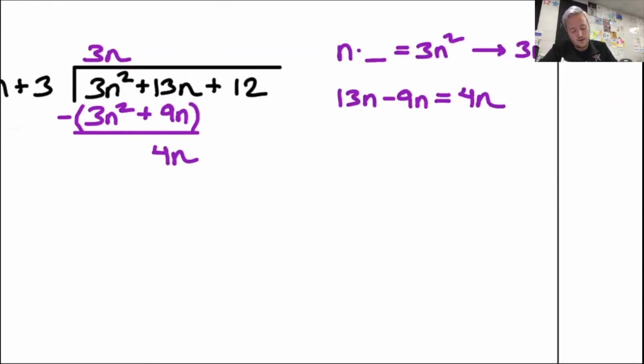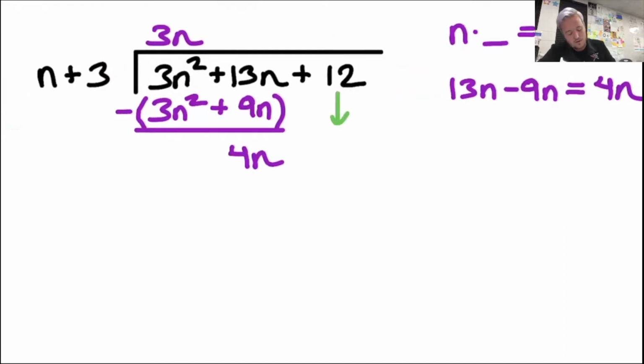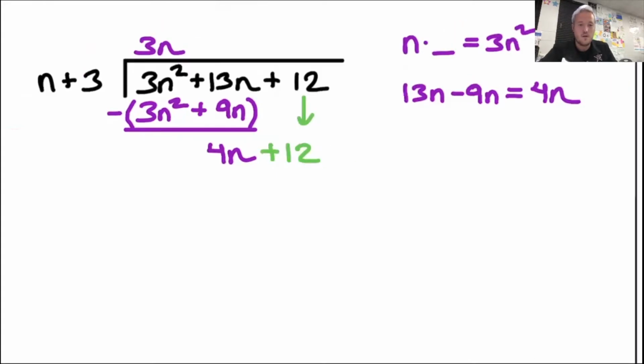Now I'm going to write out the second step. To begin that, you bring down the 12. Same thing as before: n times some value to give you 4n.